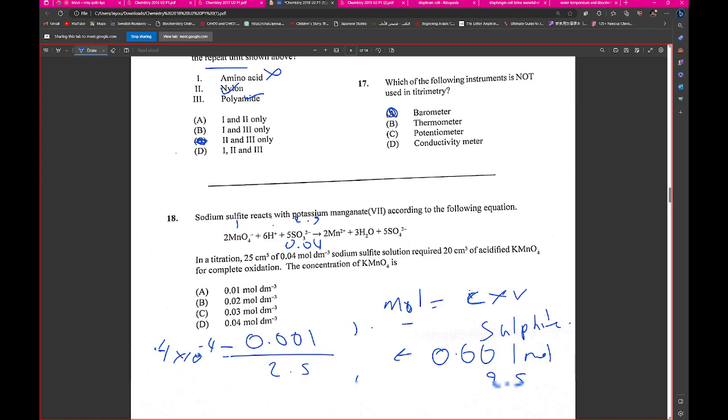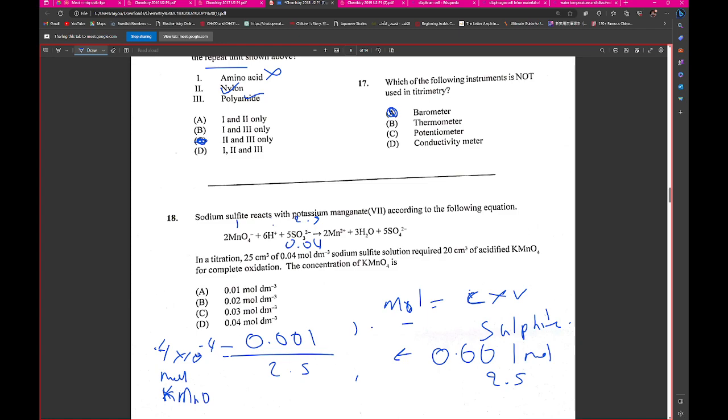Repeat what you just said. That value that you got there is the amount of moles of KMnO4. You divide it now by the volume to get the concentration, which will be 0.02 mole per dm cubed.